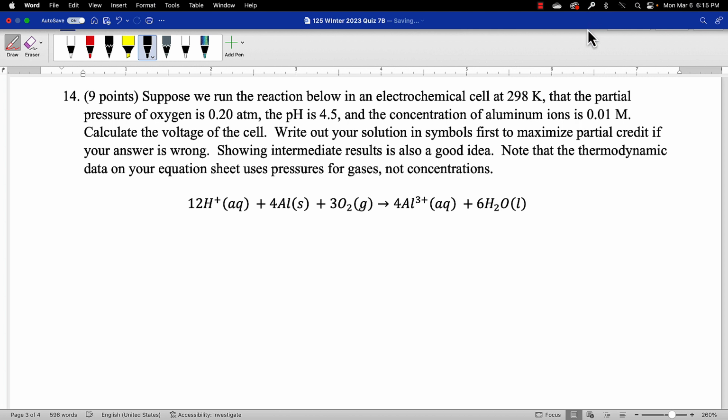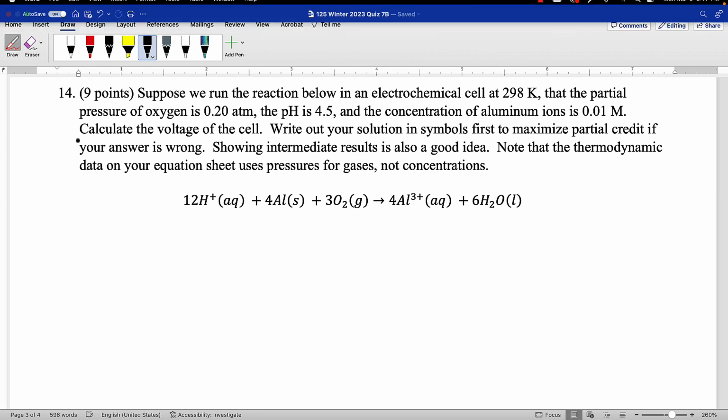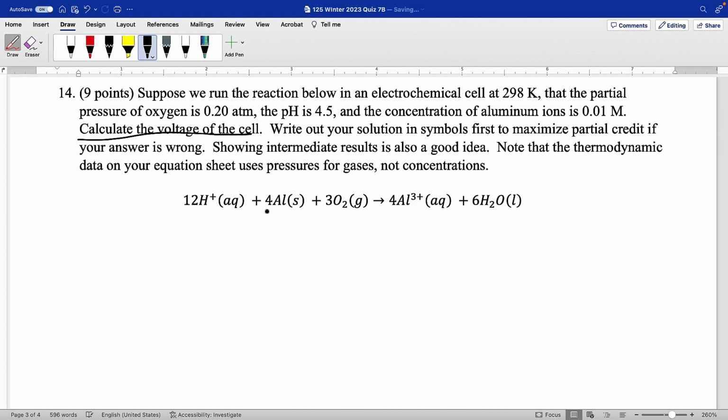Number 14. Suppose. Okay, so we run this reaction, and we want to find the voltage of the cell that we run from this reaction. So this one, we do want to calculate the voltage, and if we look at the concentrations, none of them are standard concentrations, so we're going to need the Nernst equation.